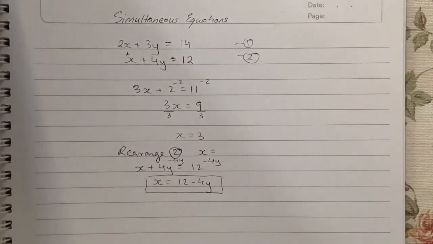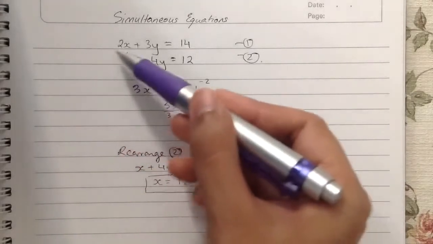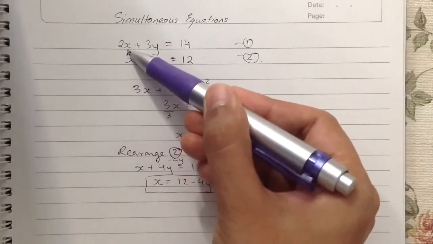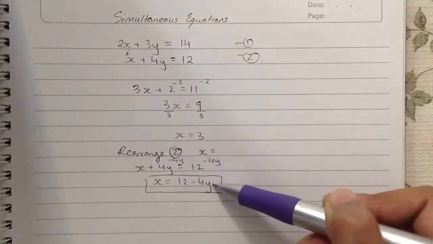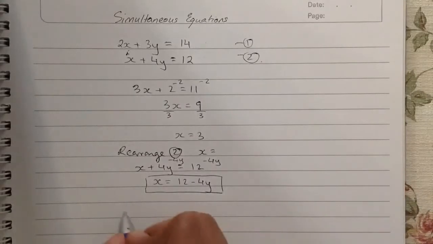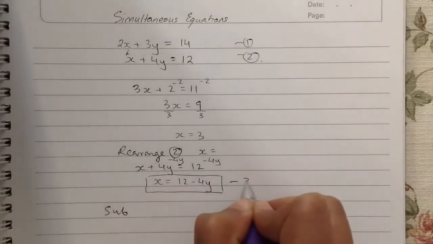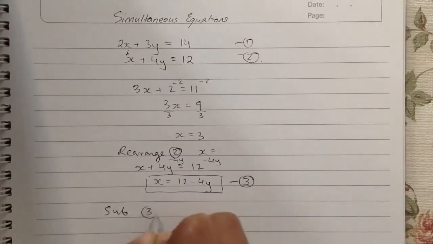Okay, so now we know what x equals in terms of y. And so now we can replace this x in the first equation with 12 minus 4y to create one equation with one unknown. So let's do that. Let's call this equation 3. Sub 3 into 1.